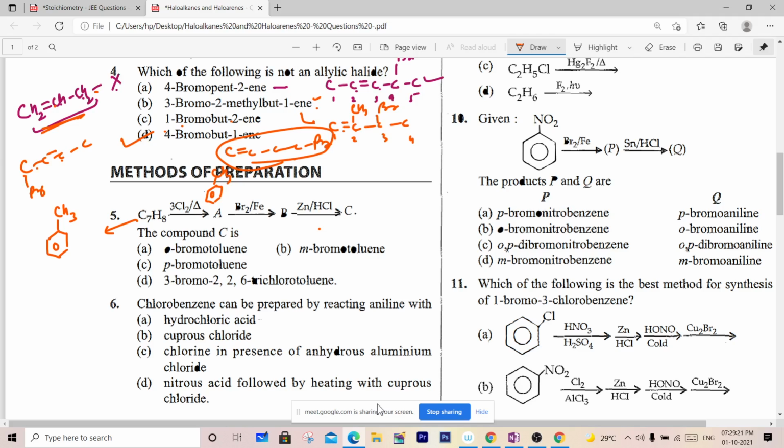Won't toluene undergo side chain chlorination? Cl2 in presence of, then bromination, para product. Bromine here with ZnCl2, and again the chlorine will be removed, giving para bromotoluene.